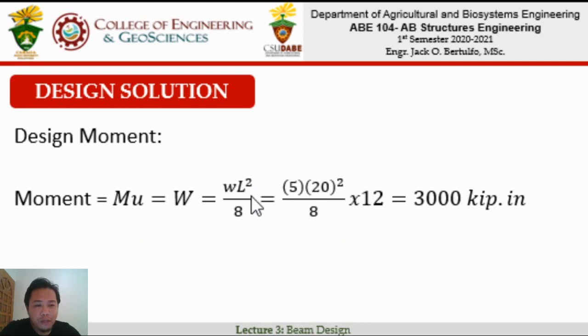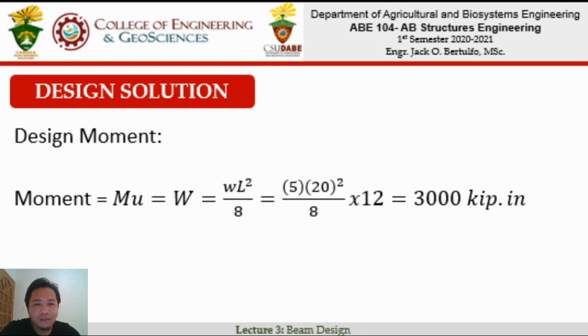We calculated that the W is 5, then the span is 20 feet squared, over 8. I multiply it by 12 in order to convert feet into inches, because normally the size of the beam is expressed in inches, not in feet.